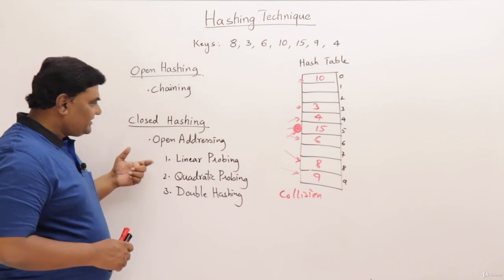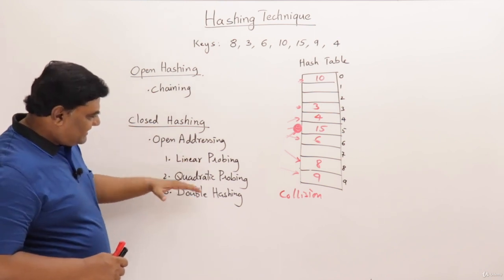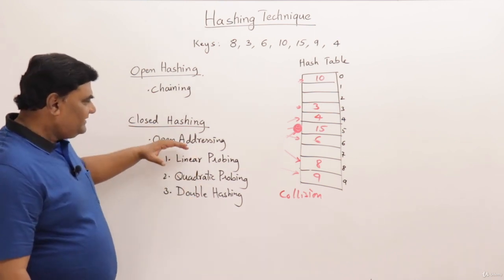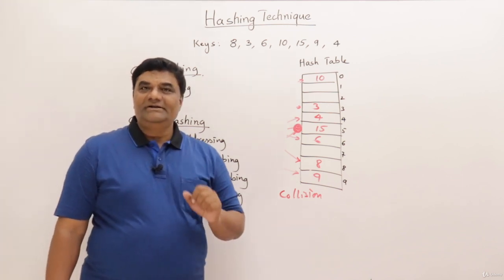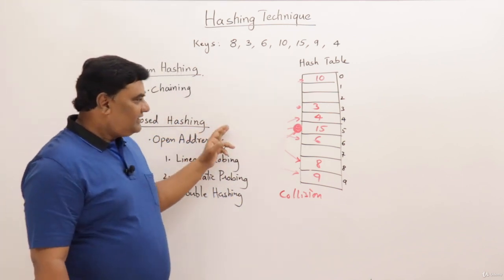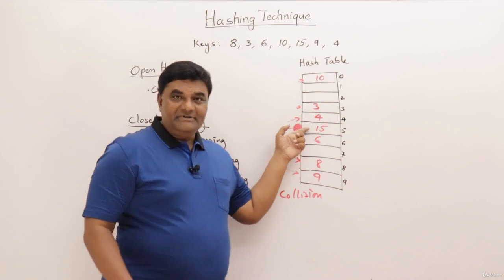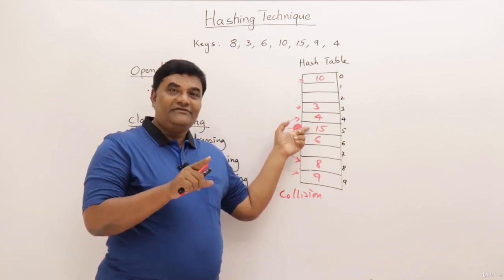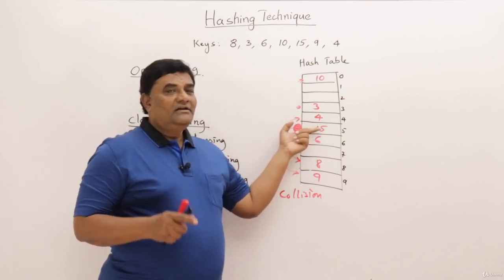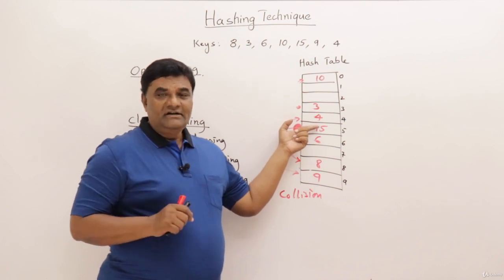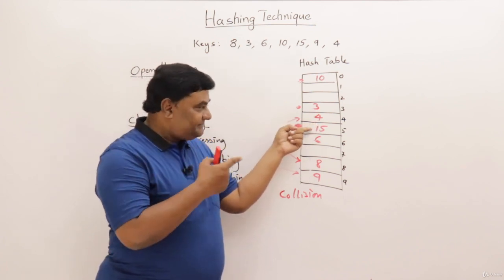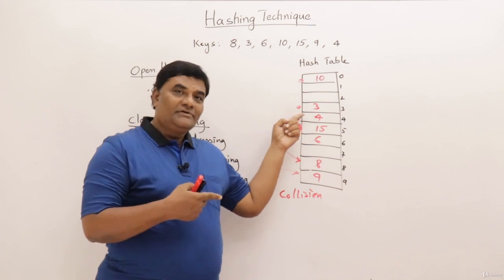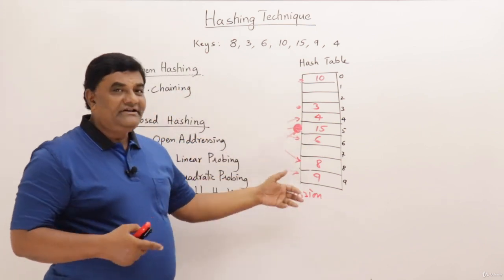Then in closed hashing, three methods are there. These are under open addressing. I'll explain what open addressing means. If two or more keys are mapped at the same place, if there is a collision, like suppose 25, I got the same index but this place is already occupied. The hash function has given this place, but it is occupied. So we'll store it at any other free space.